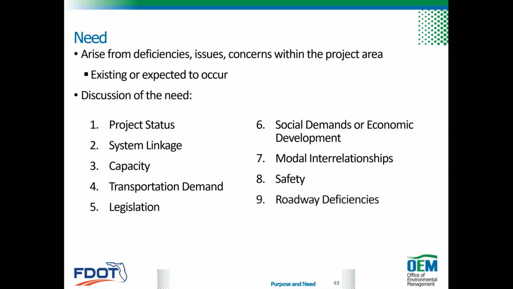And then lastly, at least on this list, the roadway deficiencies. And in this case, we can incorporate discussion of substandard geometrics, load limits on structures, and in the case of a bridge replacement project, inadequate typical sections, poor pavement conditions, drainage conditions, and inadequate roadway design standards.